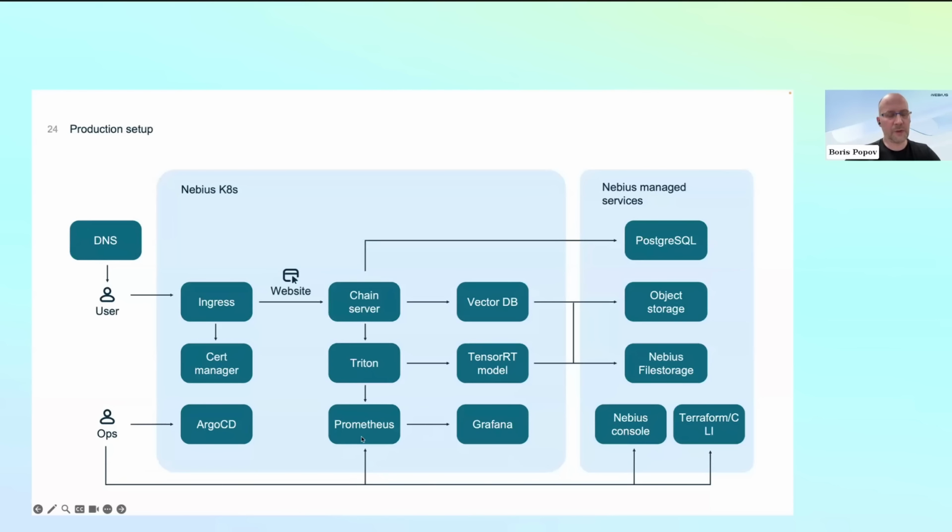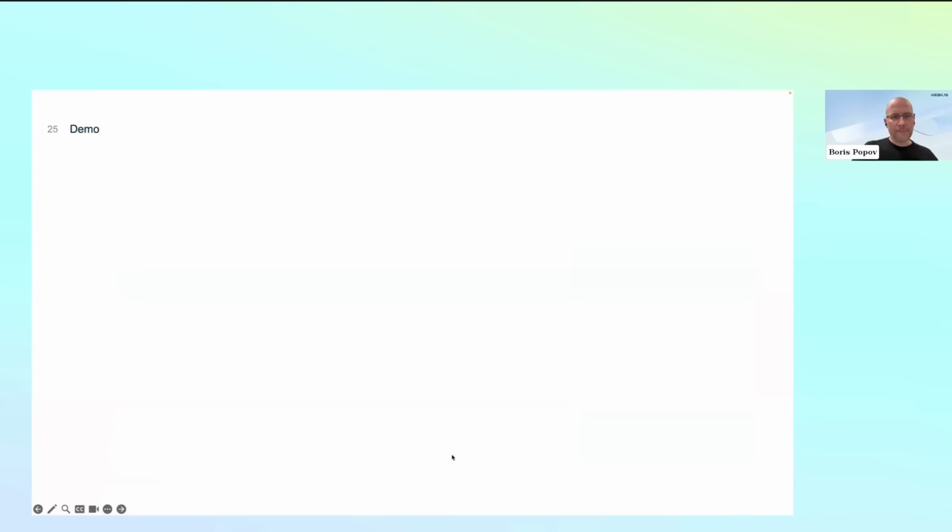Regarding observability, of course, Prometheus, Grafana, you can host those in Kubernetes, and in our solutions library, we have examples of how you can do so. Okay, and with that in mind, let's jump in and see what it looks like.